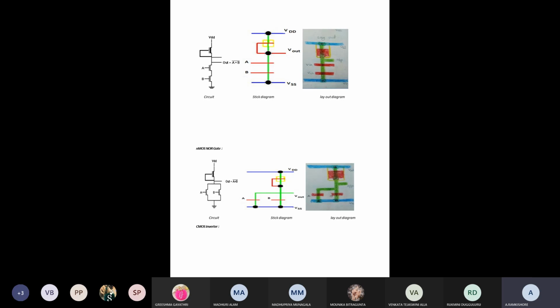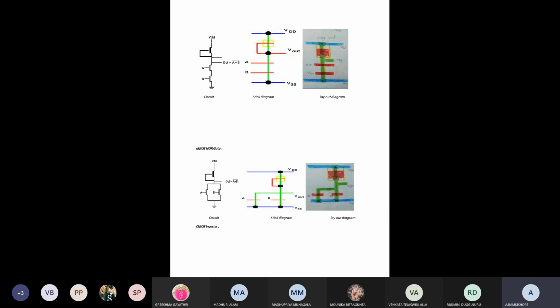So we must and should have two materials, that is diffusion material and the polysilicon. Then only that will work like a transistor. So due to that reason, we are overimposing that green line with the red line.